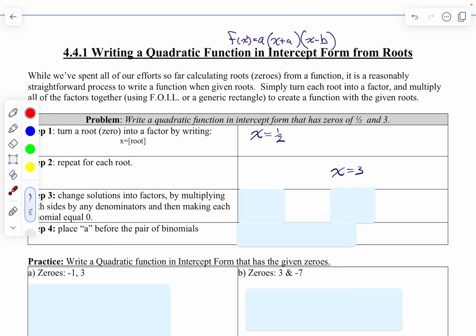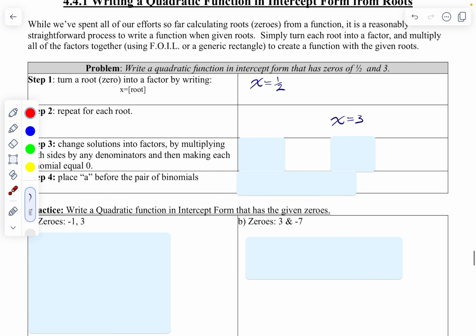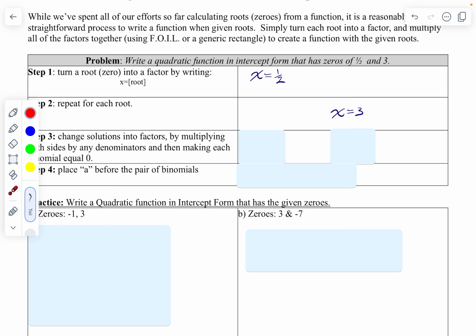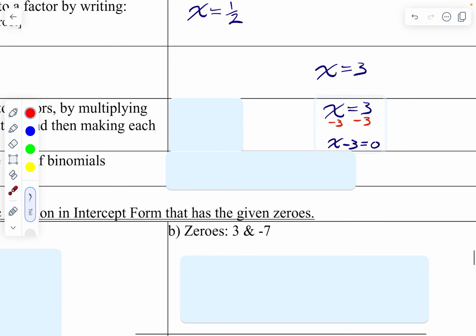And what we do next is we're working our way backwards from how we solve and how we factor and solve to be able to write our own equation. And so the first thing we're going to do is take, for instance, x equals 3 and subtract 3 from both sides so that I get x minus 3 equals 0.